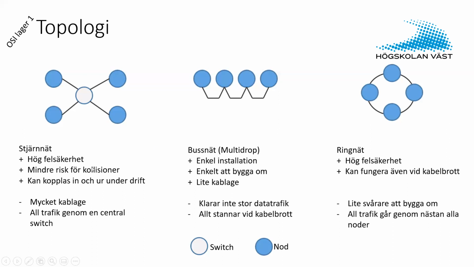So what's the good stuff about this? It's good from a failure point of view. There is less risk for collisions. You have a coordinating node in the middle that can control the traffic. You are alone on your link, so if it's duplex, that means you can send traffic in both directions. You have the whole link for yourself, so no collision is really possible.